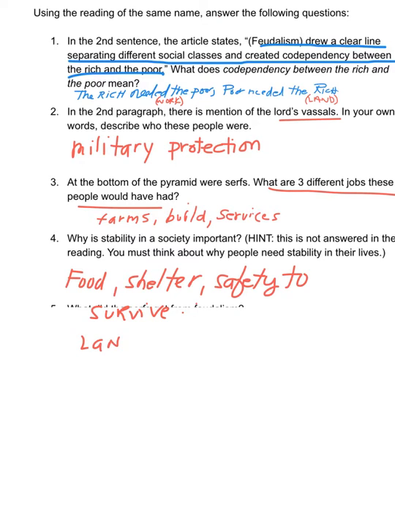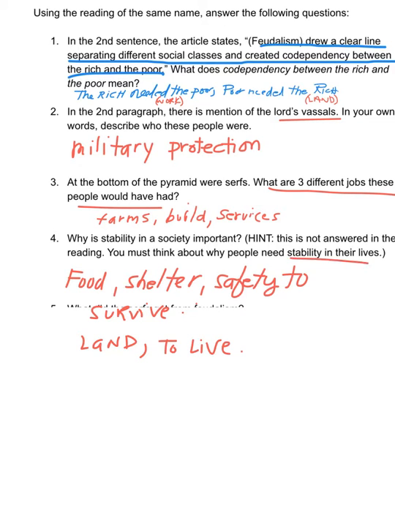I'm just jotting down some ideas here. You can put this in your own words. You need land. You need something to live in. You need to live. So, why is stability important? If you're just moving around all over the place and there's no stability and there's going to be wars and fighting, it's going to be really hard to live.